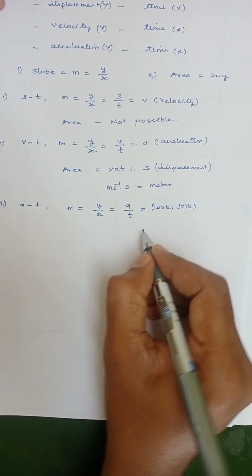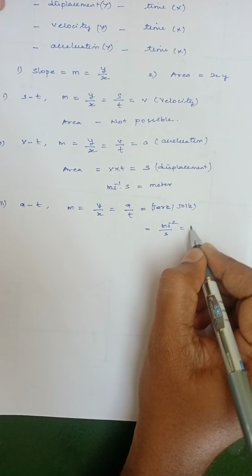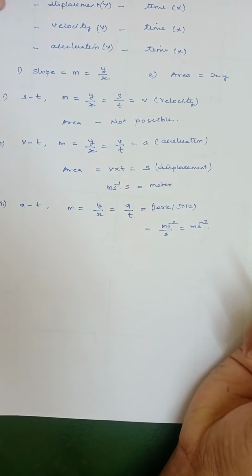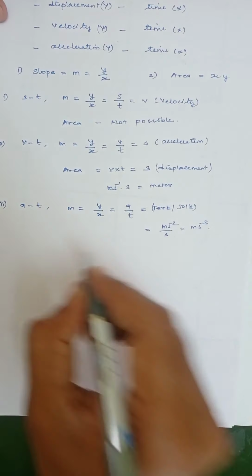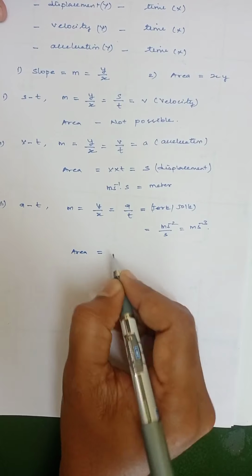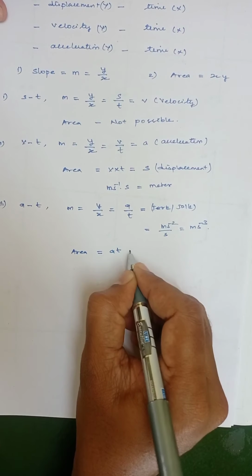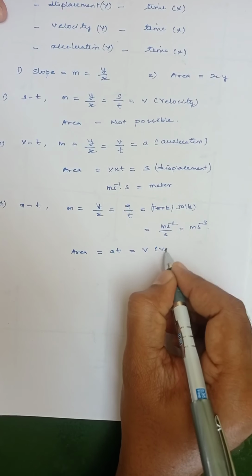It has a unit of m s^-2 by s, equal to m s^-3, which has to be noted here. And area is equal to a into t, which gives v, velocity.